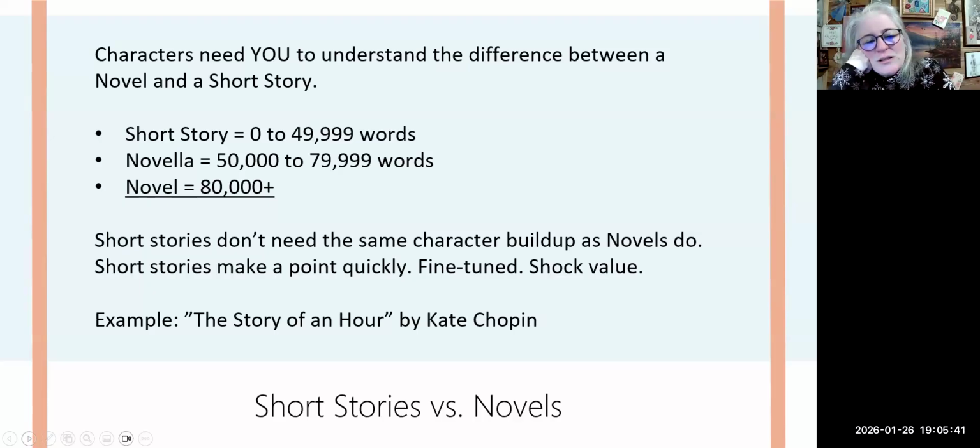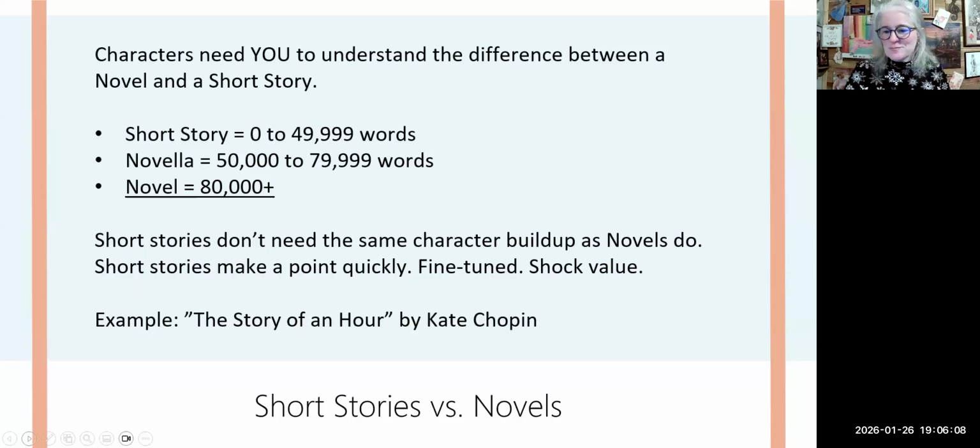But short stories don't need the same character buildup as novels do. Like I told you with The Story of an Hour, she just does not have character buildup in there at all, but it's not necessary because that story is about shock value. The message gets spread by the shock value. Like you get to the end of that story and you go, what? And that's the part people, women especially, talked about when that story first came out.